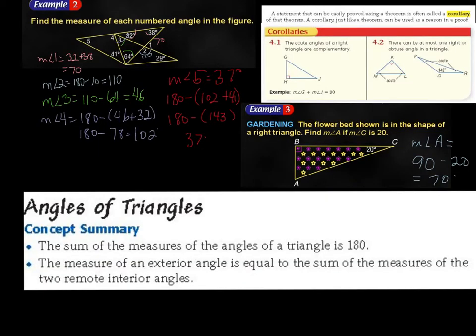So summing it all up, the sum of the measures of the angles of a triangle is always 180 degrees, and the measure of an exterior angle is equal to the sum of the measures of the two remote interior angles.